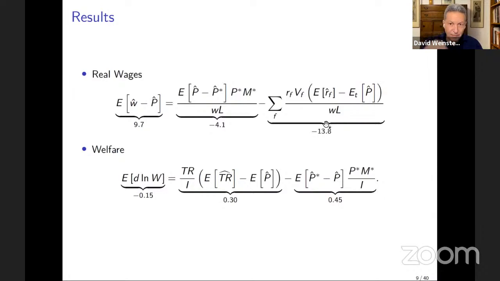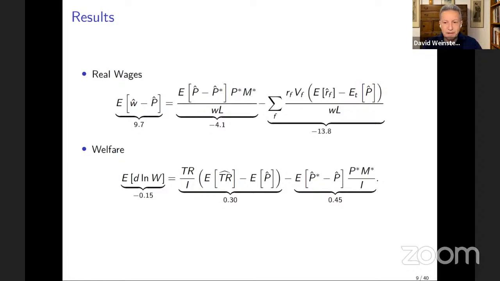But there was a much larger negative movement in the returns to specific factors that we saw from the last plots, and so this term over here is minus 13.8%, and since you're subtracting a negative number, you're adding it in to this equation, and that gets us our expected real wage movement.